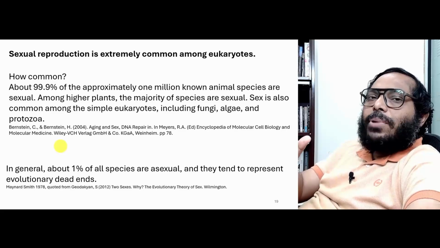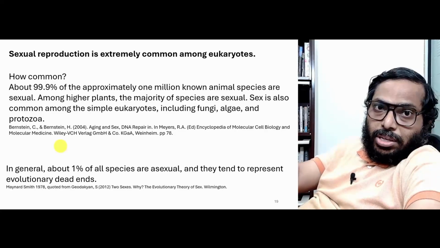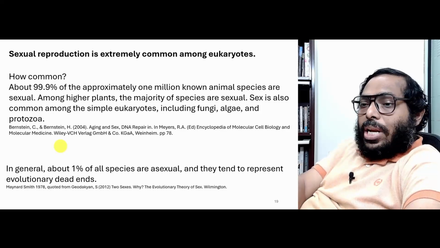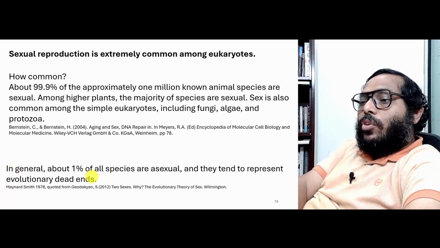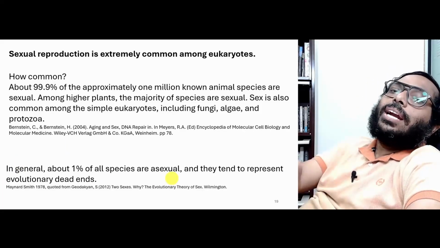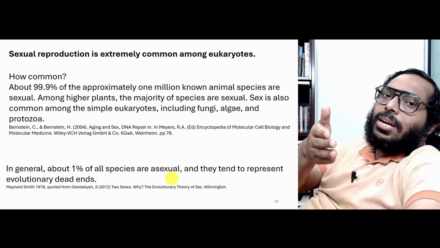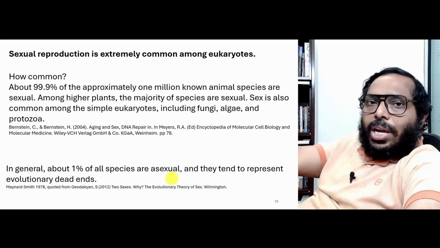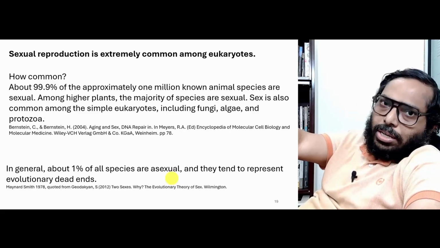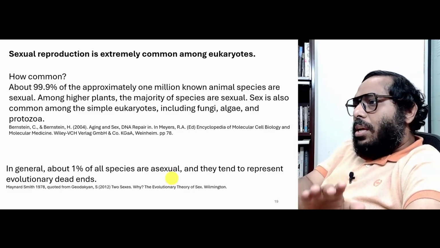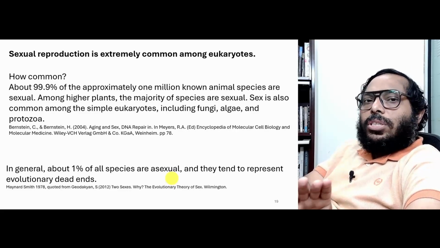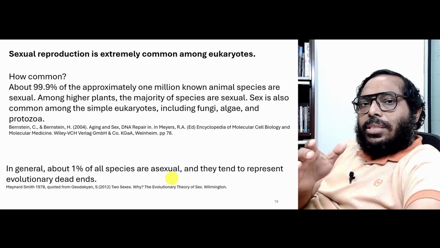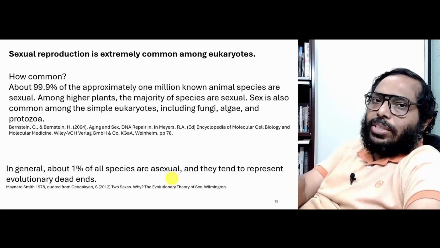This does not mean obligately sexual species, whereas for the asexuals, when I say for example that 1% of all species are asexual, we mean obligate asexuals. So, we are really differentiating between obligate asexuals versus obligate sexuals and non-obligate sexuals. In other words, 99% of all species either are obligate sexual or they are experiencing sexual reproduction at least in some phase of their life.